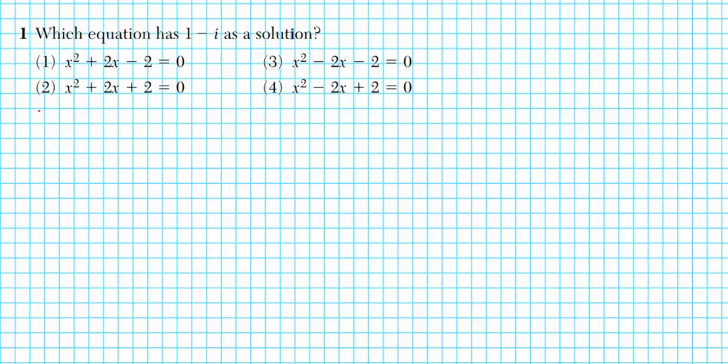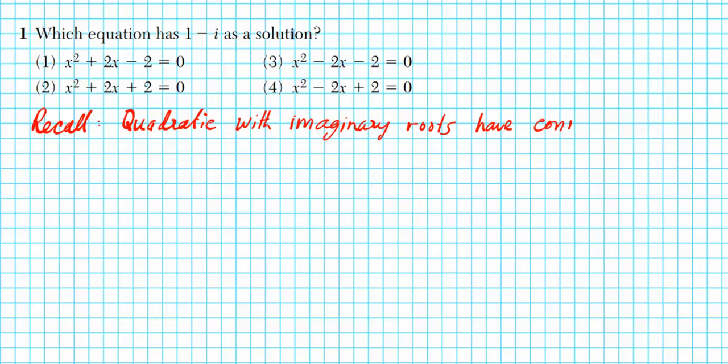So recall, quadratics with imaginary roots have conjugate pairs as roots. All right, so in order to get a conjugate pair, all you need to do is negate the sign of the imaginary part.